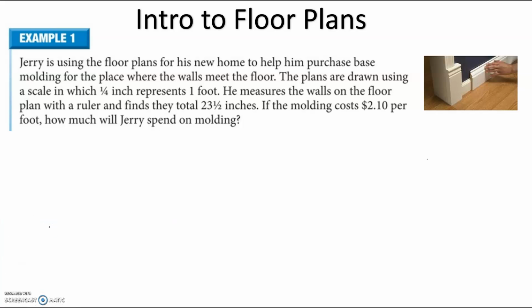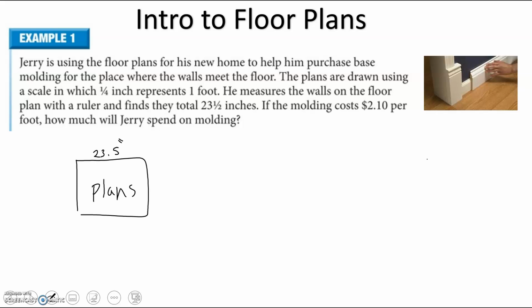The first thing we need to do is come up with a sketch that shows what we're looking at. We know that Jerry is looking at plans, and we're going to say that this is the room he's looking at, and we're just going to pretend for the sake of this that it's rectangular. Now, the wall he's looking at, we know on the plan when he measured with a ruler, it was 23.5 inches.